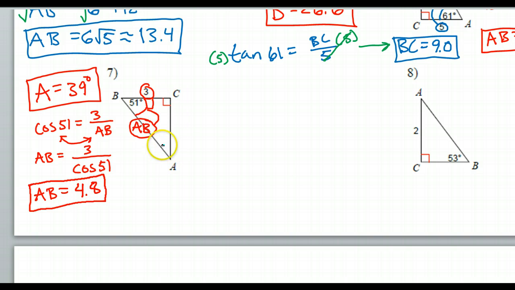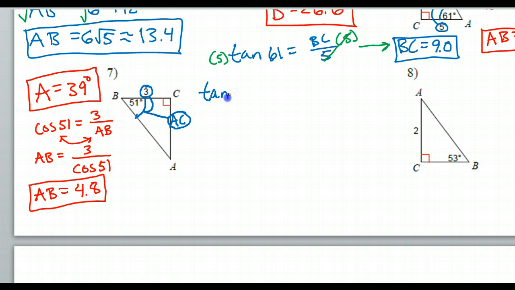That just leaves one thing to find. We need to find side AC. So here's side AC. Looking at the 51 and the 3 and the AC, that is opposite and this is adjacent. So that is the tangent function.